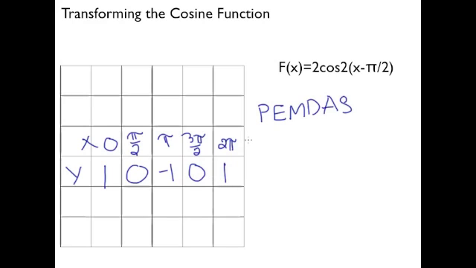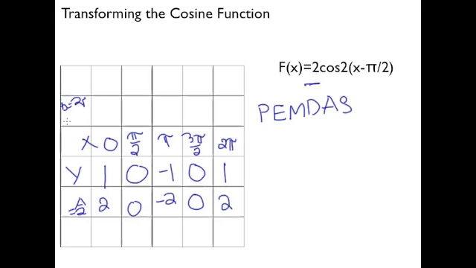So let's do PEMDAS. First, a equals 2. So multiply everything by 2. So 2, 0, -2, 0, and 2. And there's no k, so we don't have to do anything. Yay! So b here is 2.